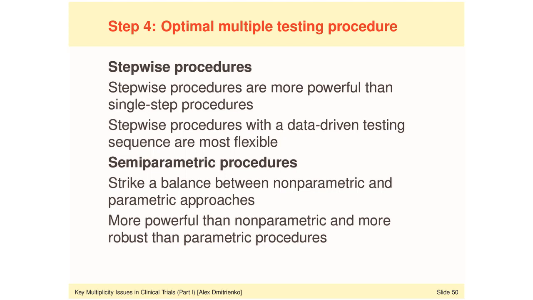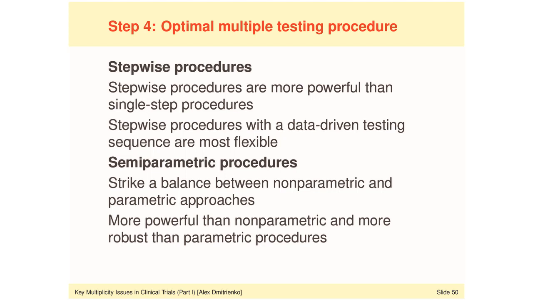We know that stepwise procedures are more powerful than single-step procedures, and in addition, it is generally true that stepwise procedures with a data-driven testing sequence are flexible and therefore they are more robust than stepwise procedures with a fixed or predefined testing sequence. And the second classification scheme that we defined in this section is based on assessing the amount of distributional information. For example, how much we know about the joint distribution of the hypothesis test statistics.